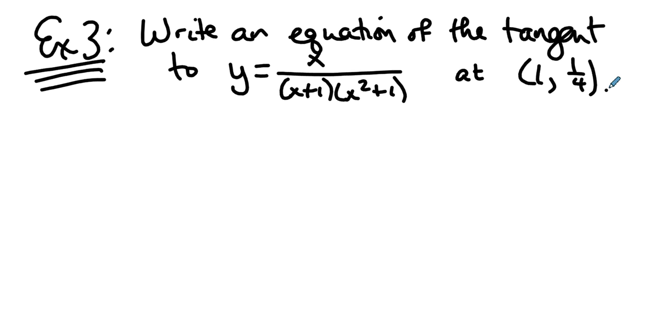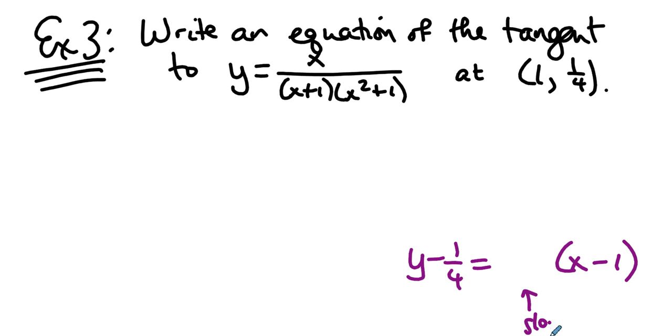It's the equation of a tangent line. We know how to write the equation of a tangent line. It's y minus y1 equals the slope times x minus x1. And that's where the formula comes from.